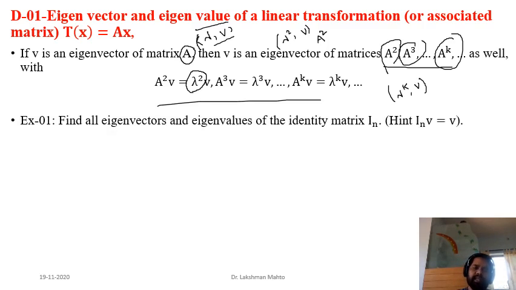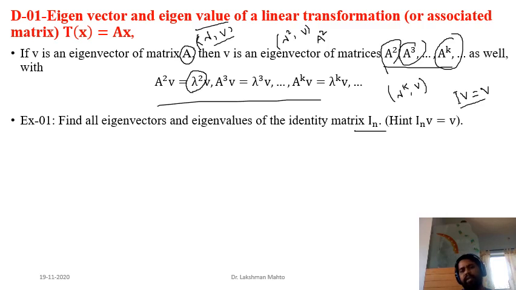Suppose we are taking an n by n identity matrix. If I ask what are the eigenvalue and eigenvector of this identity matrix, you will observe that if you multiply the identity matrix with any non-zero vector, you get the same vector. It maintains the identity.